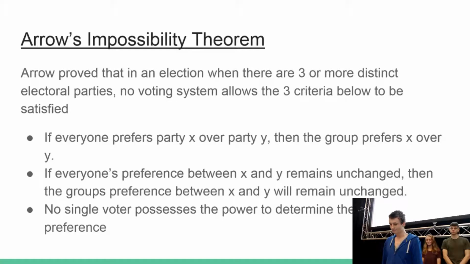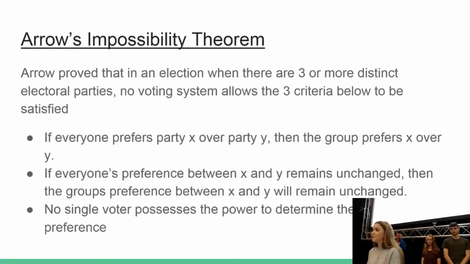And Arrow actually proved that there's no possible voting system where all of these things can actually work. We've understood that proof, but haven't got time to show it.